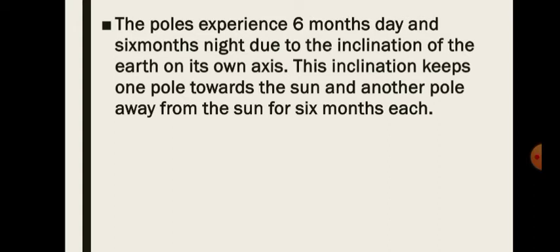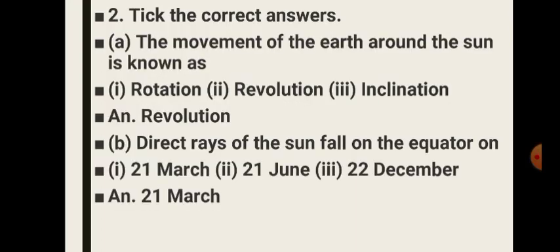This inclination keeps one pole towards the sun and another pole away from the sun for 6 months each.